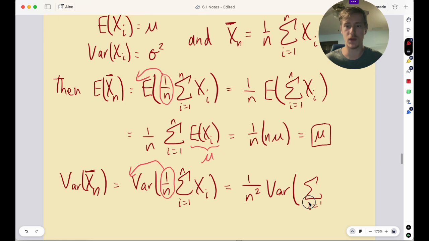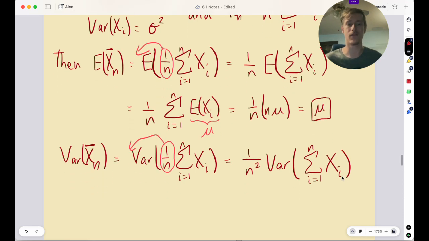Now you should pause the video and think about the following question. Is the variance of a sum the sum of the variances? So is it true that this is equal to the sum from i equals 1 to n of the variance of x sub i? The answer is no. That is definitely not true.